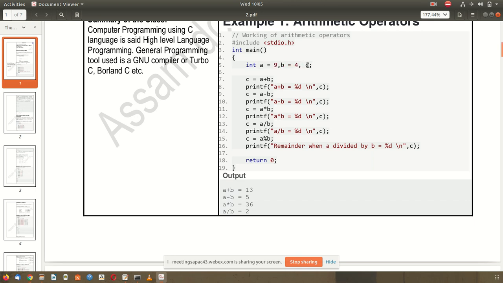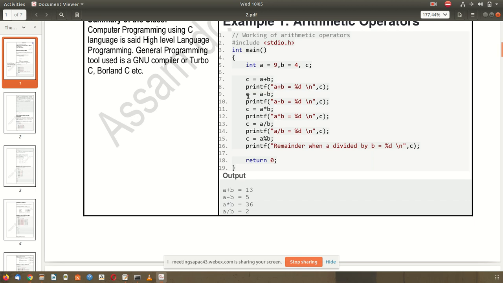Then what is C? You have to find it. C can sometimes be A plus B. After doing A plus B, you do printf. Printf is the instruction to print on the screen. It is going to print C. What is C? C is A plus B.